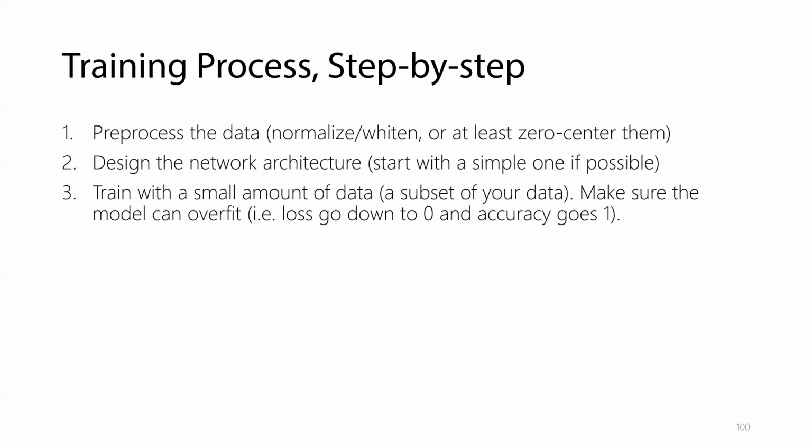If you're ambitious and start with a large architecture and the full set of data, what's going to happen is you'll likely wait several days for the training to complete, only to discover that, oh shoot, there is something wrong. It doesn't work. Then you go back, make changes, retrain, wait another few days, and then realize there's another problem, and keep repeating. That's never a good way. Instead, go with really small data.